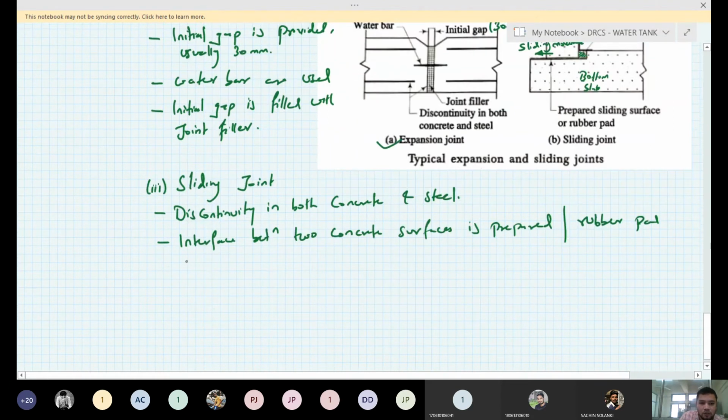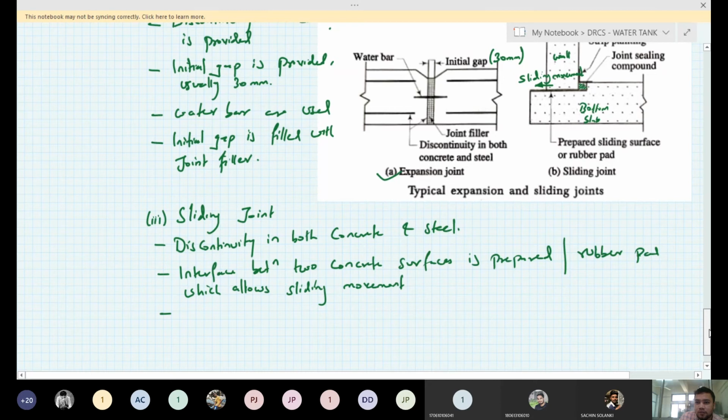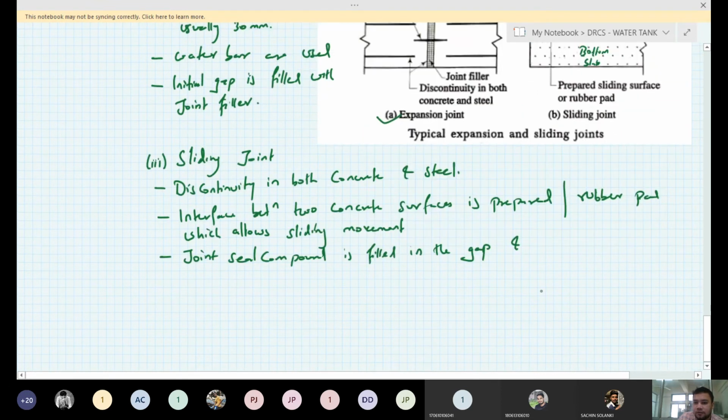Joint sealing compound is filled in this gap, and stripping painting is done.